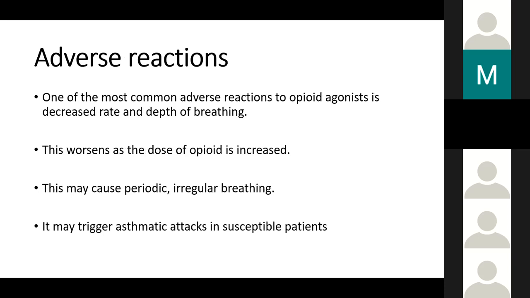One of the most common adverse reactions is that it decreases the rate and depth of breathing. It can cause respiratory depression. If you remember ethics, we talked about the doctrine of double effect.